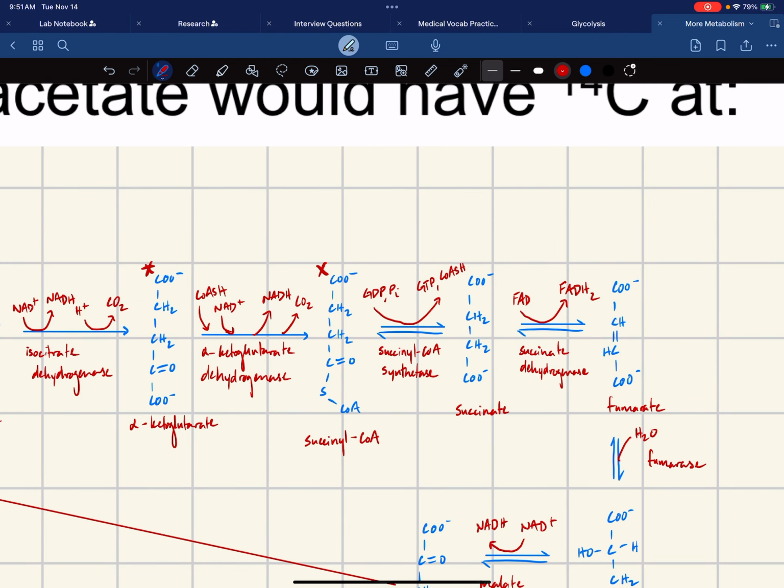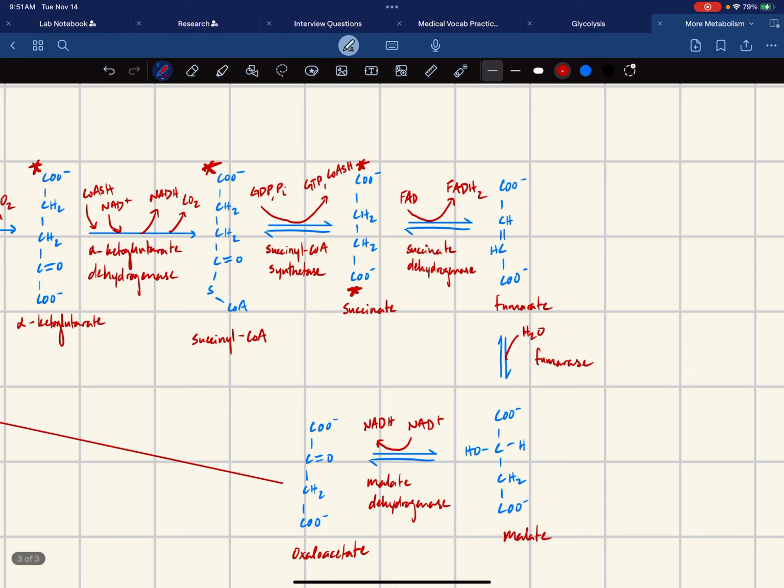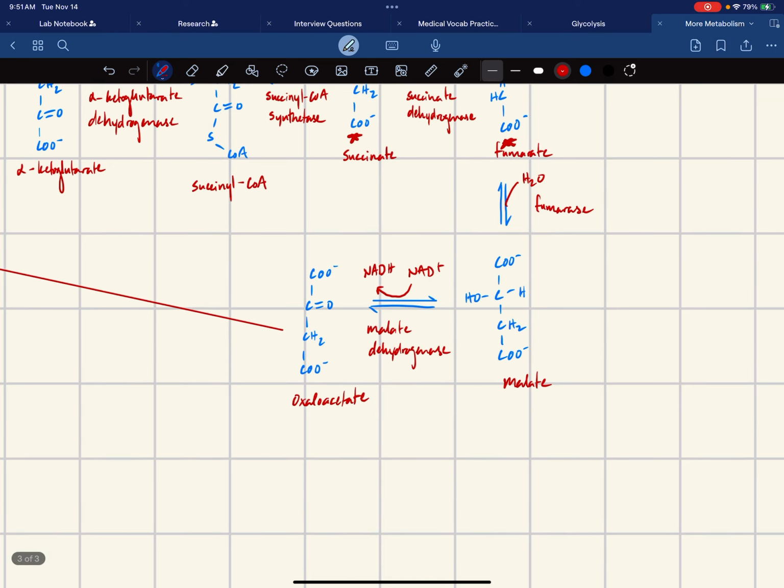Now the important thing is that succinate is symmetrical. When succinate comes out of the active site of succinyl-CoA synthetase, we don't know which carbonyl is going to be labeled. We just know that it's one of them, so it could be this one or this one. Going forward in the cycle, it could be that one or that one, this one or this one, and similarly this one or this one.